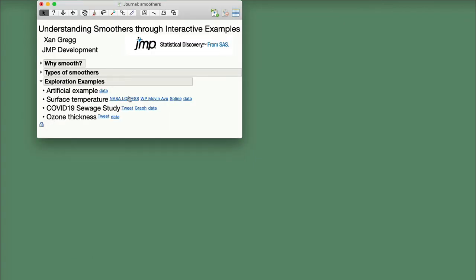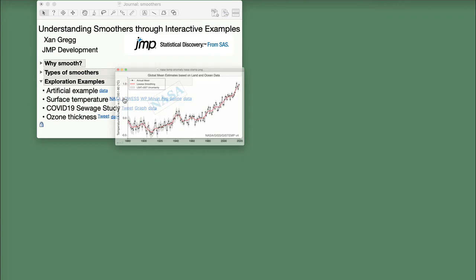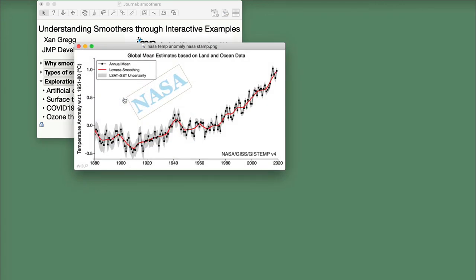Okay, let's get into a real example. Here's a NASA plot of Earth's surface temperature, or at least the anomaly from the historical average. And this sort of has both sides of the Economist before and after. They've got the connected lines and the smoother.